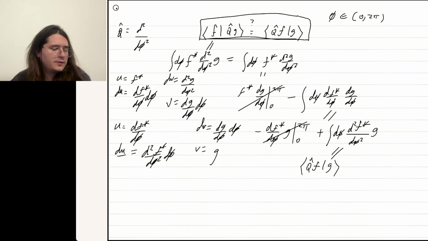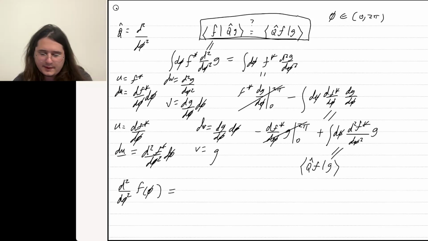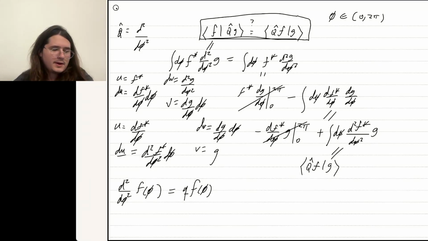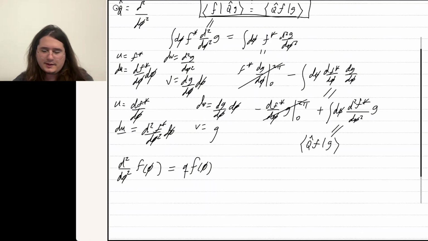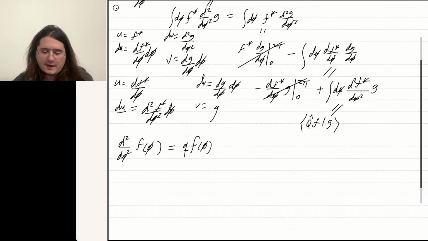Then we're going to find out what the eigenfunctions and eigenvalues of this operator are. If we act d squared d phi squared on a function f of phi and expect back the same function multiplied by a constant, that's the eigenvalue equation, by the way, then f of phi would have to have a pretty general form.